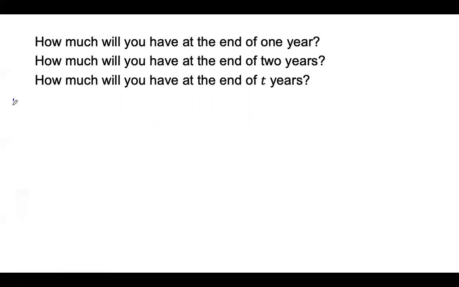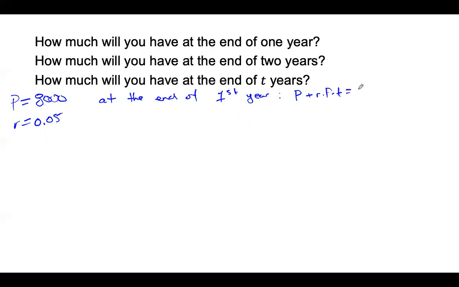So we have the principal is equal to $8,000. We have our rate, it's equal to 0.05. So at the end of the first year, you're going to have the principal plus the rate times the principal times the time, like before.